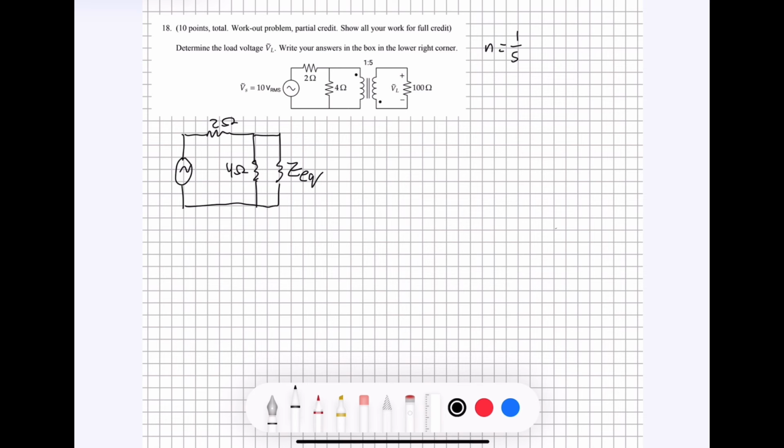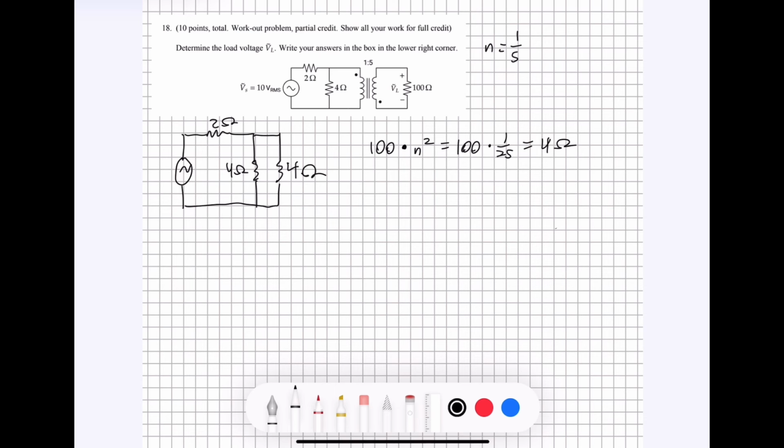We can find that value by taking this resistance value right here, which is 100, and multiplying it by n squared. That's the same as multiplying by 1 over 25. So you would have 100 divided by 25, and that is going to be 4 ohms. So this equivalent value is actually going to be 4 ohms.